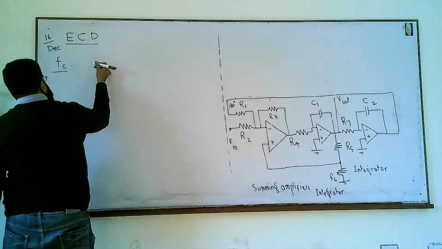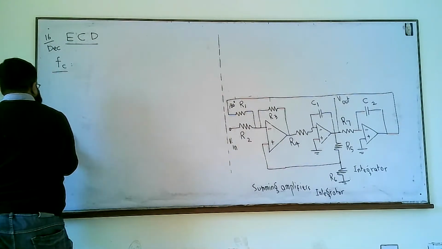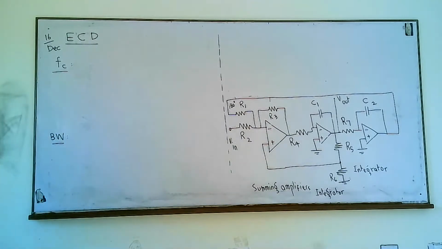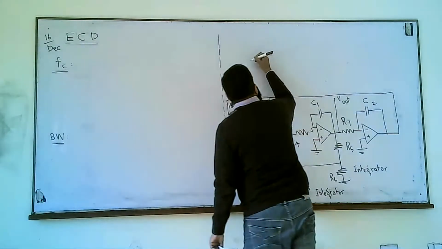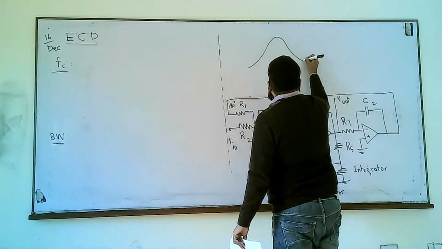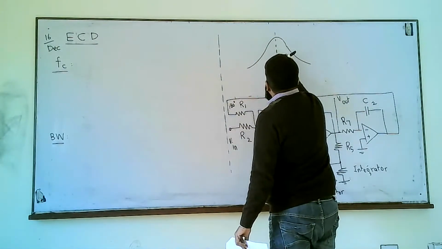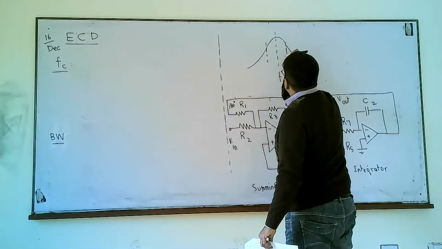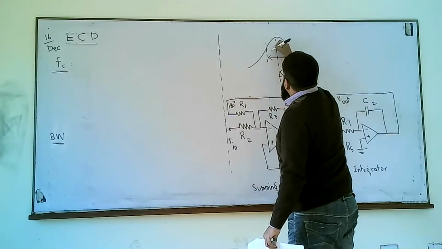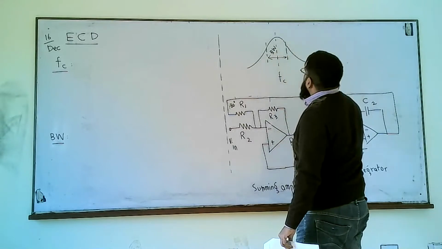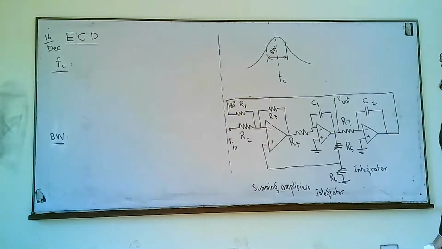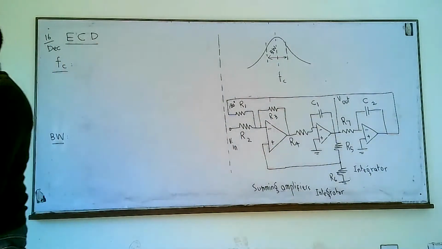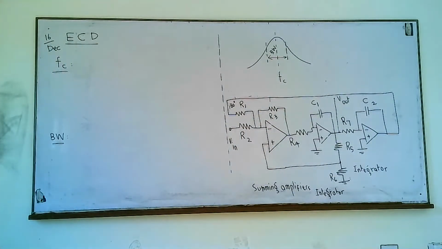So the first thing is Fc. The second is bandwidth. Knowing Fc and bandwidth, we can have this curve plotted, so in order to plot this response, we must know two items, Fc and bandwidth.